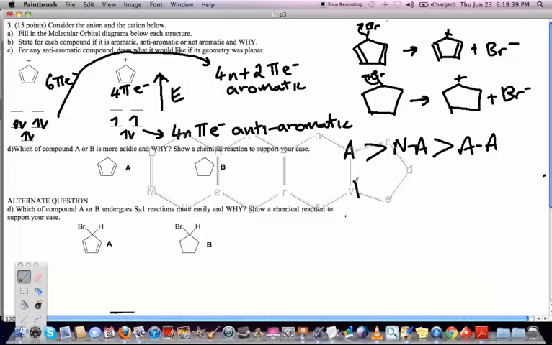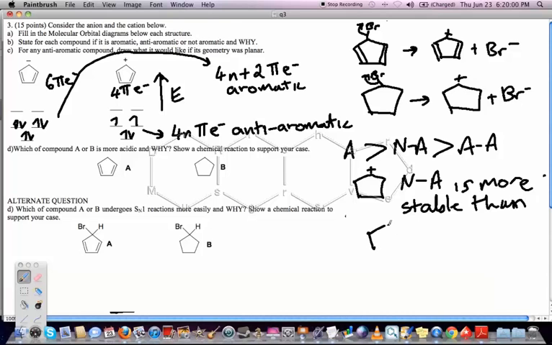So this, which is non-aromatic, is more stable than this, which is anti-aromatic.